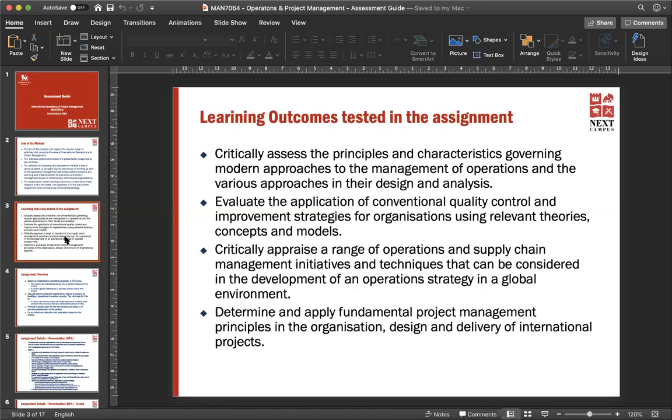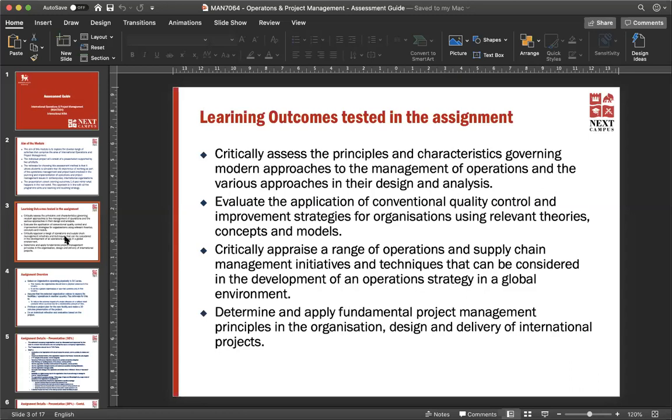Operations has the inventory control aspect, the core operations performance objective aspect, identifying your products and service portfolios and their characteristics, then your quality management aspects, waste management aspects. So these are the theories and concepts that have to be used when analyzing the organization that you select.